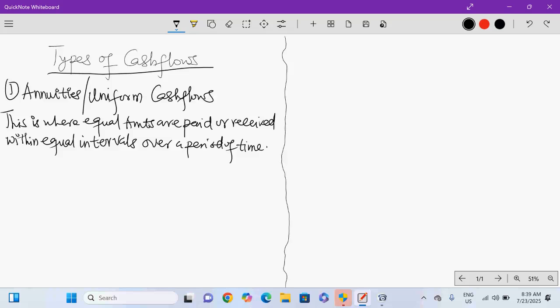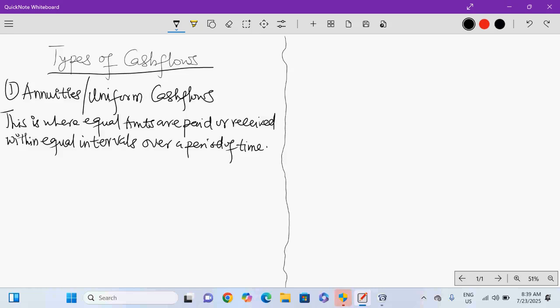From the 9th month, it ceases to be an annuity. Why? Because the cash flow has changed. The amount has changed from 200 cedis to 300 cedis. So an annuity must be a uniform, specific amount over equal intervals, right? If once it changes along the line, it ceases to be an annuity.